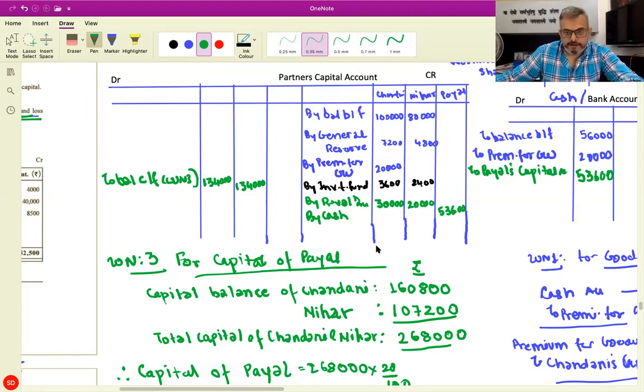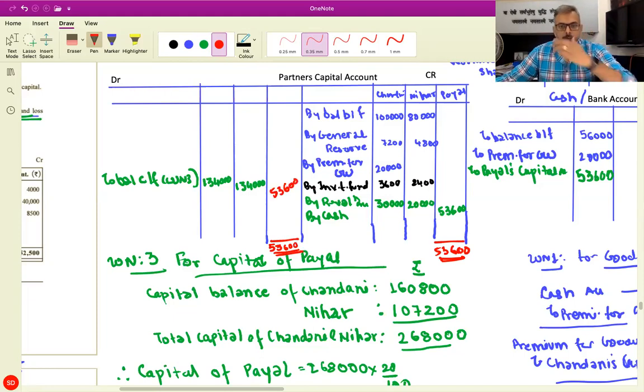So let's go to, first of all, the new partner, Payal. Let's close Payal first. Credit side is more. Same we write over here. Balance it. Then we go to Nihar. Now Nihar, we have to see which side is more. Nihar, you can see over here is 1,07,200.